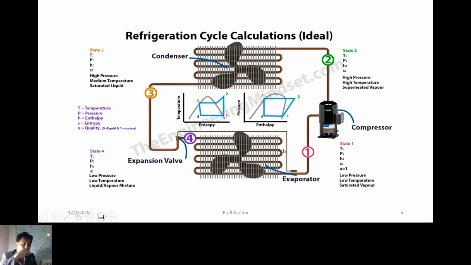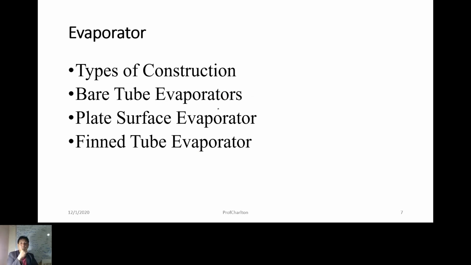Bilang pag-uulit, just a review, I put all the diagram again here. Okay? So, ito yung pressure enthalpy, ito yung TS, temperature entropy. So, now we go to the types. If I ask you, class, what do you know about evaporators? What are the types in terms of construction, in terms of tube, in terms of surface, in terms of steam?